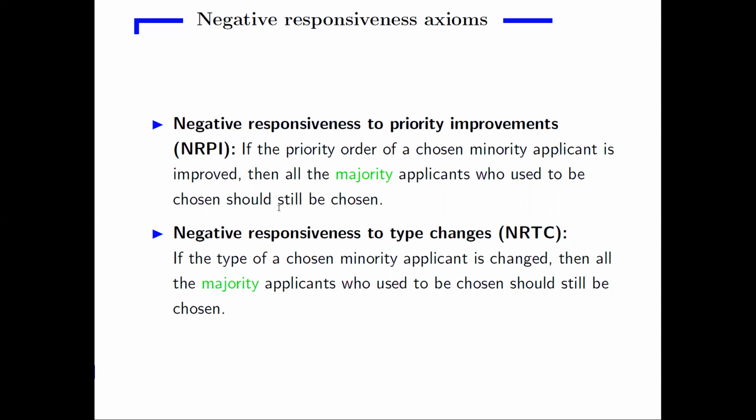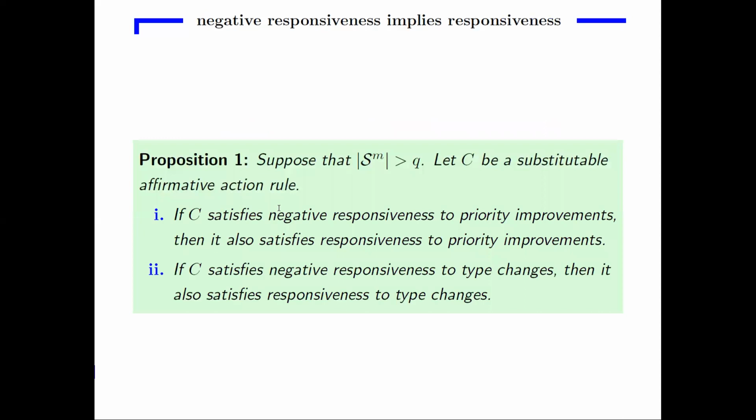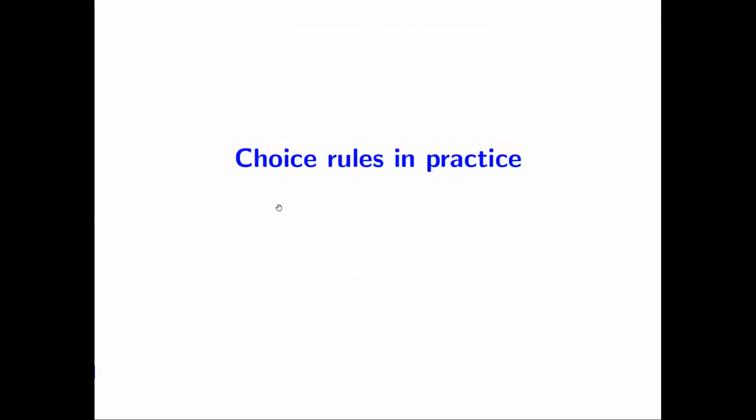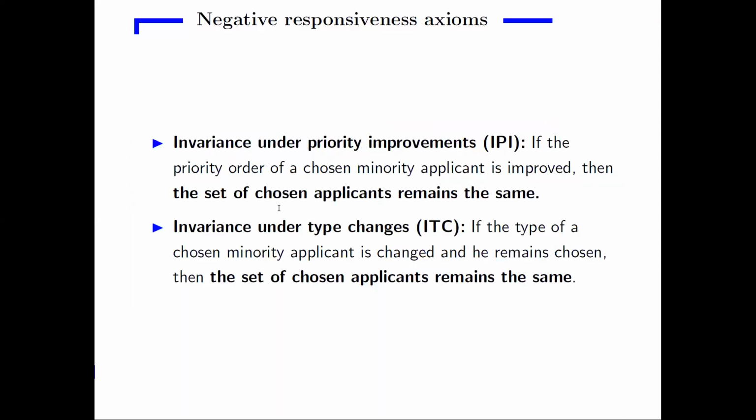Such a thing cannot happen. It is not the only point. These invariance axioms naturally come from the marriage of negative responsiveness and responsiveness, but please keep them in mind. They will serve an interesting purpose in the rest of the talk.